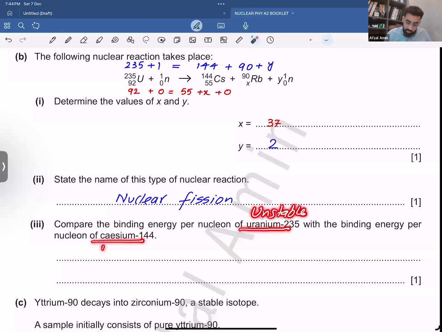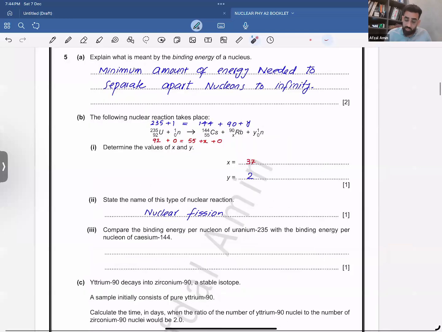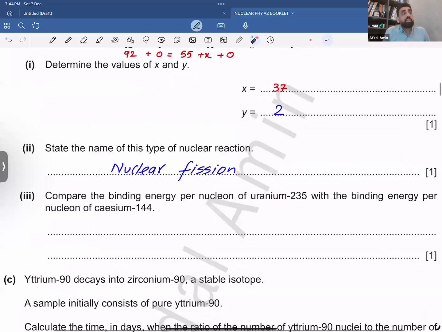And products are more stable. Since, as I told you, the cesium is a product, the products are more stable. So more stable means what? It has greater binding energy per nucleon, yes?